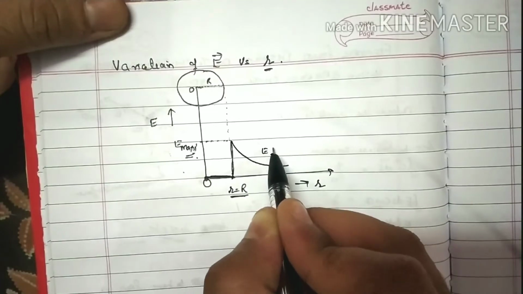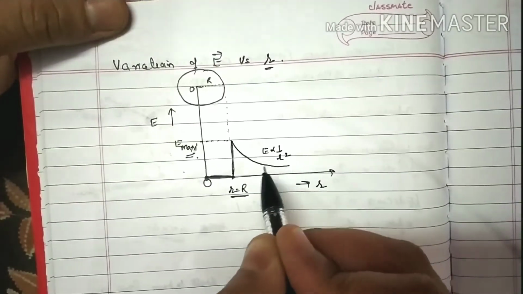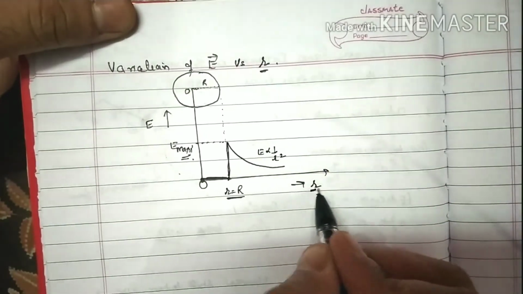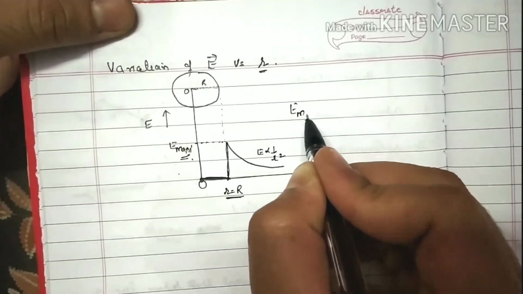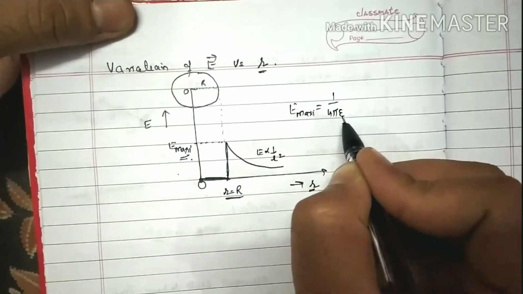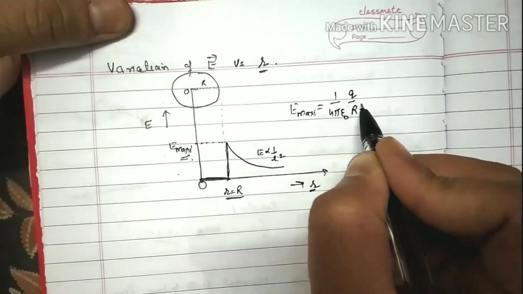Here the electric field is inversely proportional to r square. So this is the graph. This is the variation of electric field with respect to distance r, and E maximum is 1 upon 4 pi epsilon naught times Q upon R square.